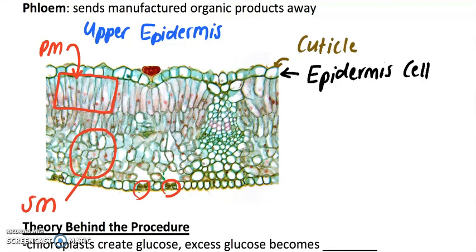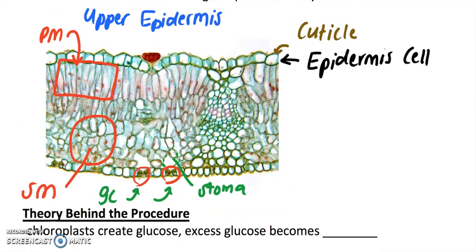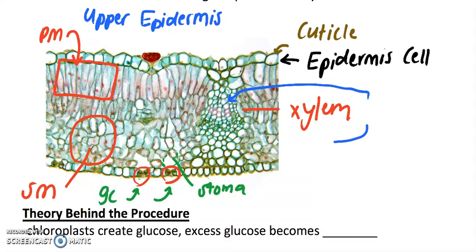Here, these openings right before the guard cells, that is your stoma. And then here are your guard cells. Okay, and last but not least, we have some xylem tissue right there, and surrounding it would be phloem.